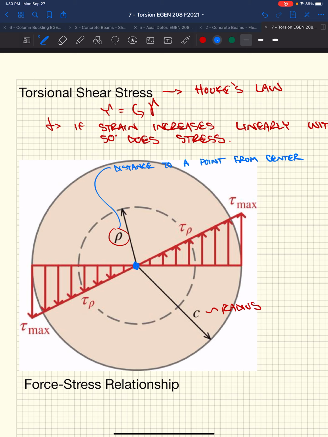So rho could be 0. If rho is 0, we're looking at what's going on at the center of the shaft. If rho is c, now we're looking at what is going on at the outside of the shaft. So rho can be 0 up to c.